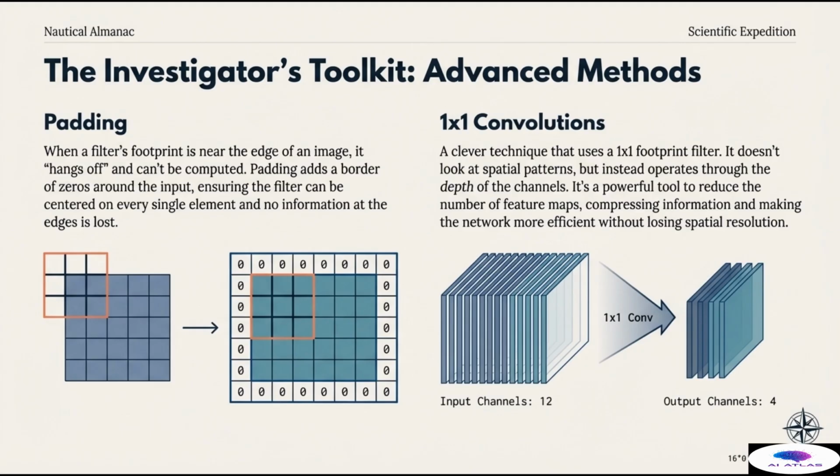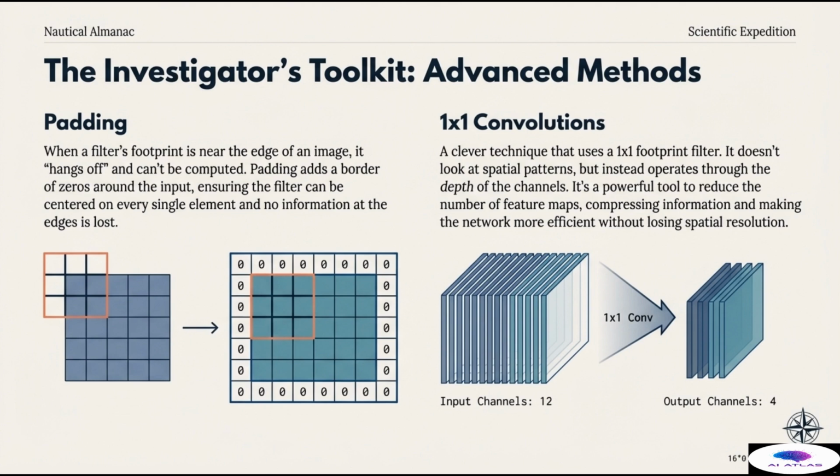Second, we have 1x1 convolutions. This is a surprisingly clever technique using a filter footprint of just 1 pixel by 1 pixel. Since the filter is so tiny, it doesn't look for spatial patterns like edges or curves. Instead, it operates exclusively through the depth of the channels, the stack of feature maps.